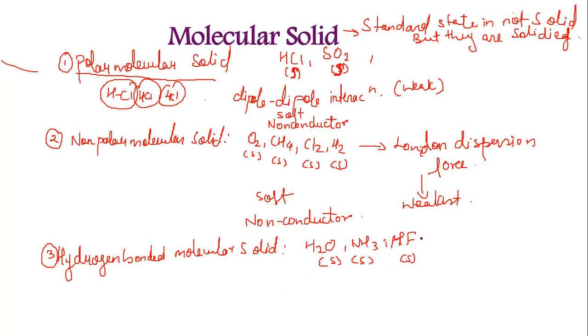So the interaction present here is hydrogen bond. The bond is strong. So how are they? They are hard. We must have seen ice is hard. They are also non-conductor.